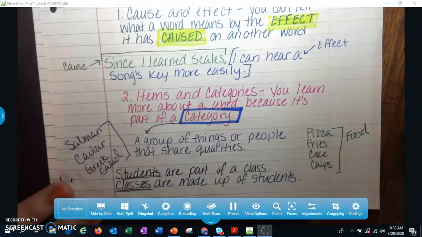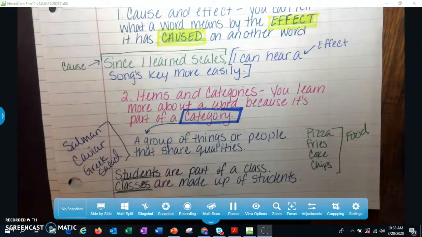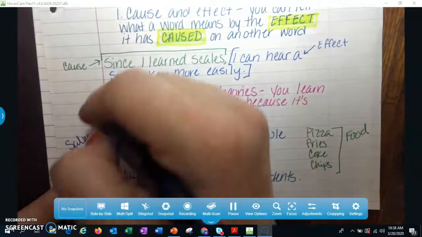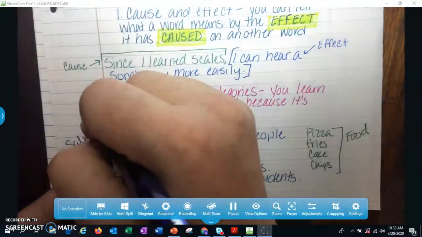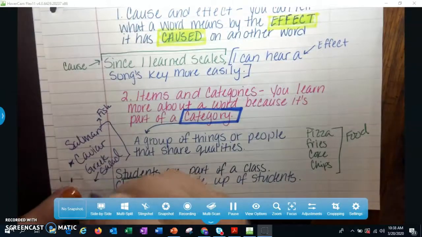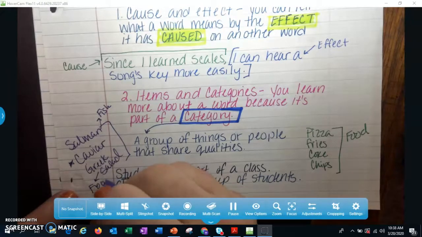What if I wrote a sentence that said, we were going to a restaurant tonight that served salmon, caviar, and Greek salads? Well, maybe you don't know what caviar is, but you do know that salmon is fish, and you know that Greek salad is food.